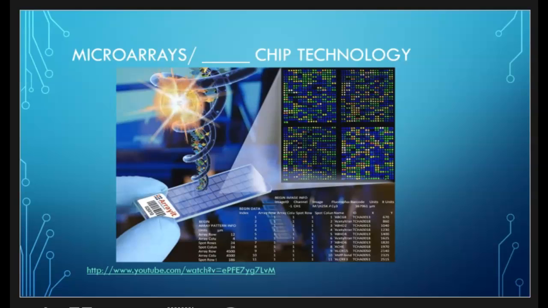Now we're going to talk about the problems with hybridization or chip technology. Number 1, non-specific binding can occur. A, we can get primer dimers. B, we can get binding of the wrong patient strands with probes, or non-specific. C, we can actually get patient-to-patient binding. 2, test conditions vary.